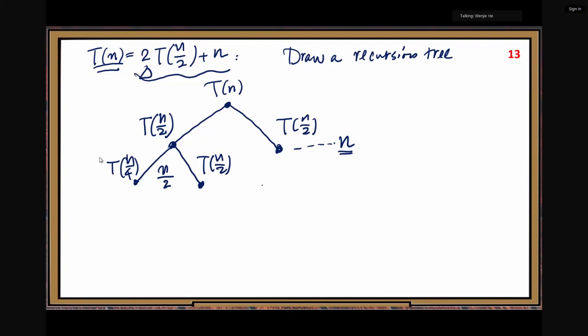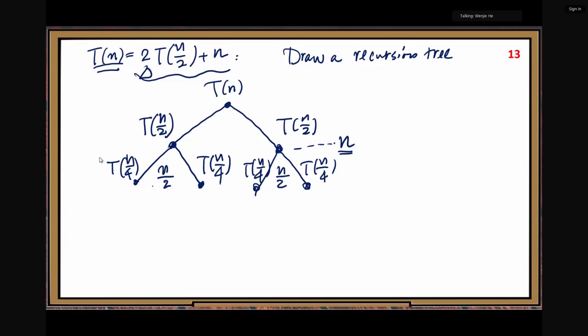Here, the same thing: size n over 4, and non-recursion cost n over 2.